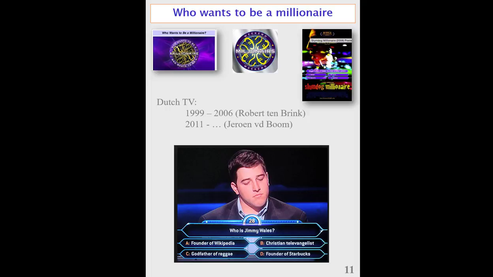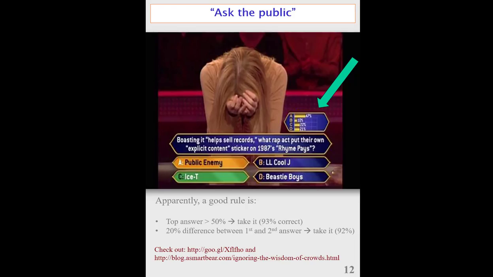And people have actually tested whether or not this is working, and a good rule, this was done not on the Dutch version, on the English version, I think, is, well, if the top answer that the audience chooses has more than 50% of the votes, then just go for it. That will be correct 93% of the time. Quite good.